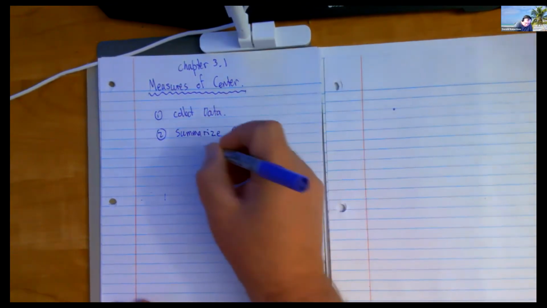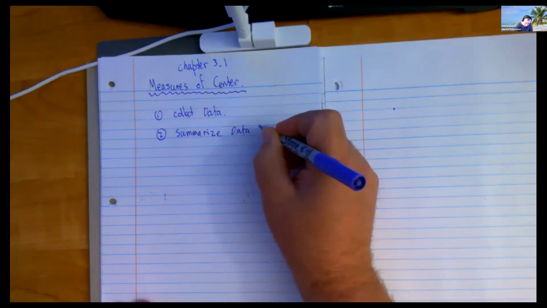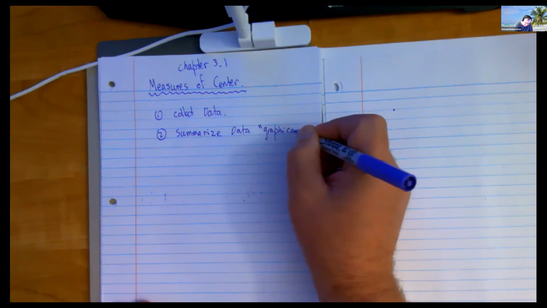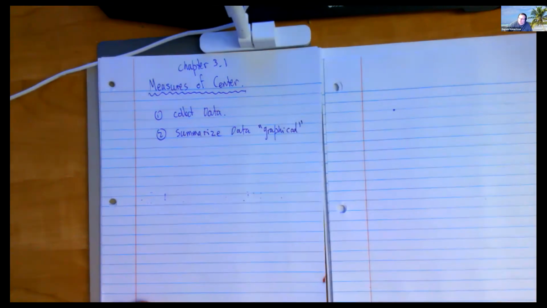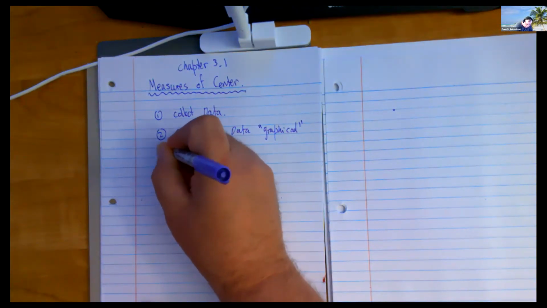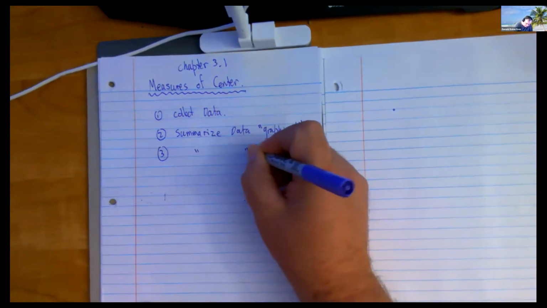That basically means you do some type of graphical thing. So that would be histograms and bar charts and time series and stem and leaves and group frequency tables and all that. Now we're going to look at how you summarize the data numerically.